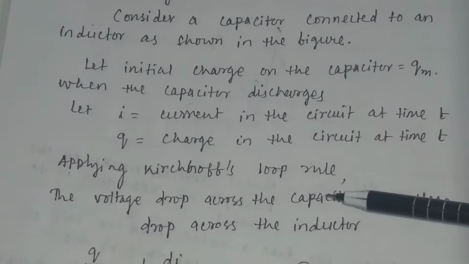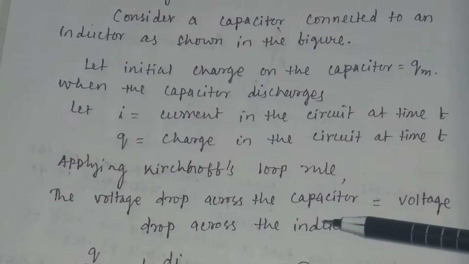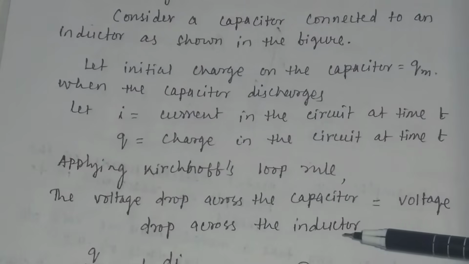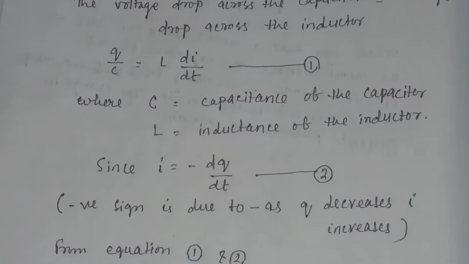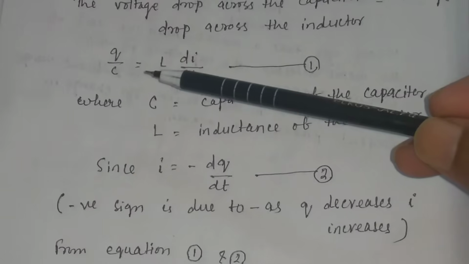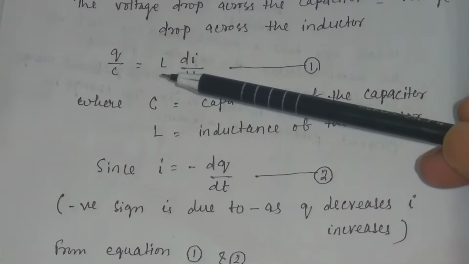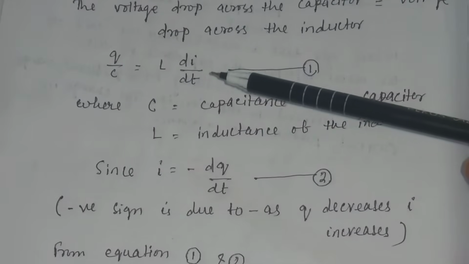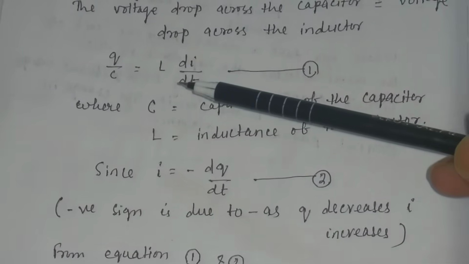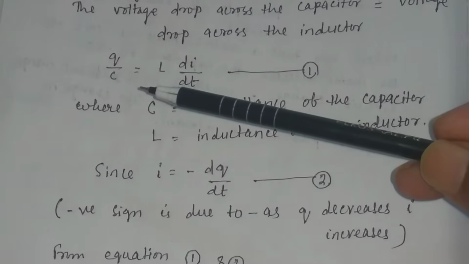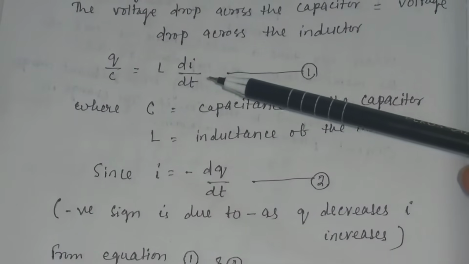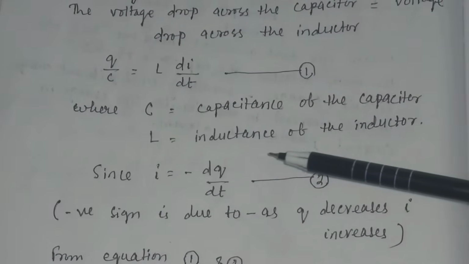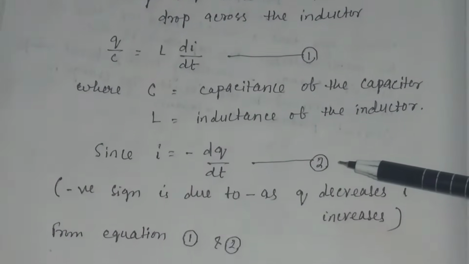Applying Kirchhoff's loop rule, the voltage drop across the capacitor is equal to the voltage drop across the inductor. The voltage drop across the capacitor is Q by C, and the voltage drop across the inductor is L into di by dt. Applying Kirchhoff's voltage law, Q by C will be equal to L into di by dt, where C is the capacitance of the capacitor and L is the inductance of the inductor.